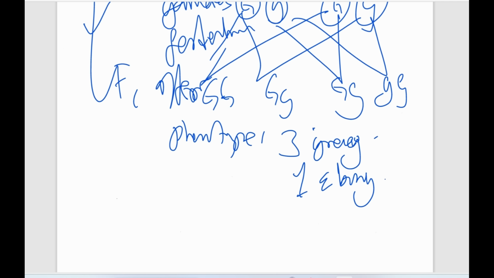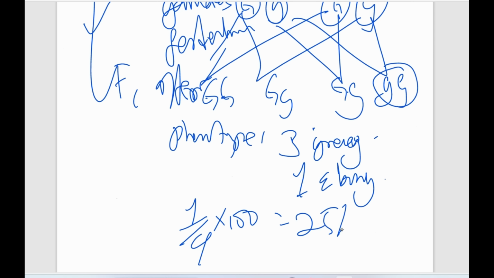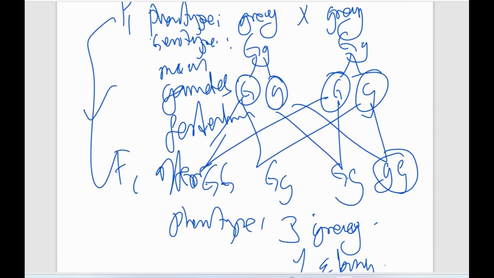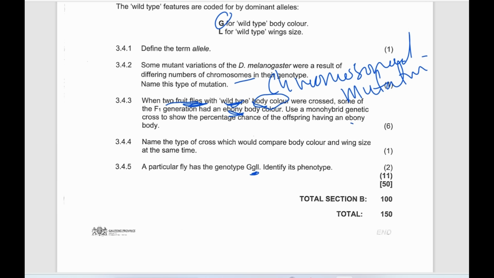So now we do 1 out of 4, because the total is 4, and only 1 is ebony. Times 100, which gives us a 25% chance of ebony. So that's how you're supposed to do that question.